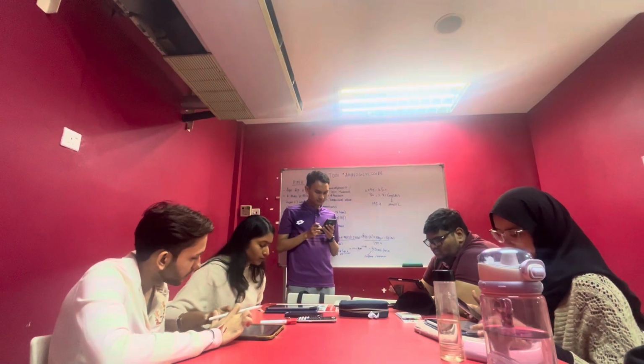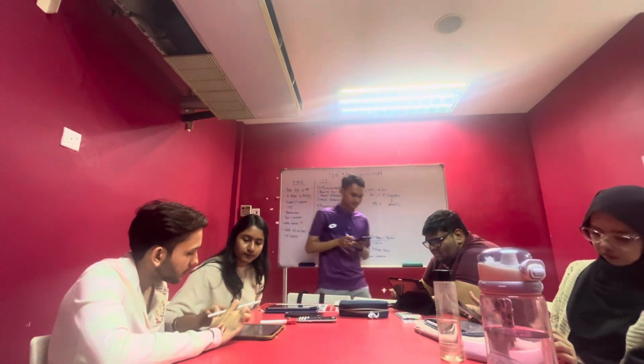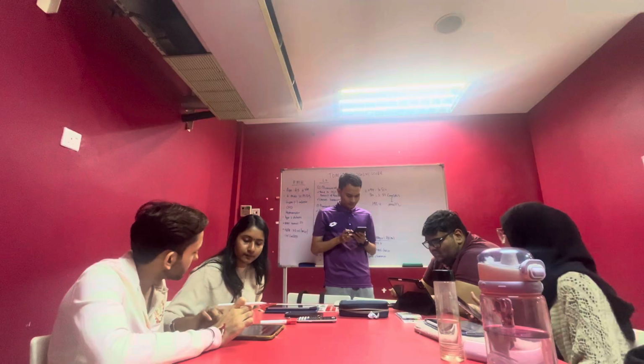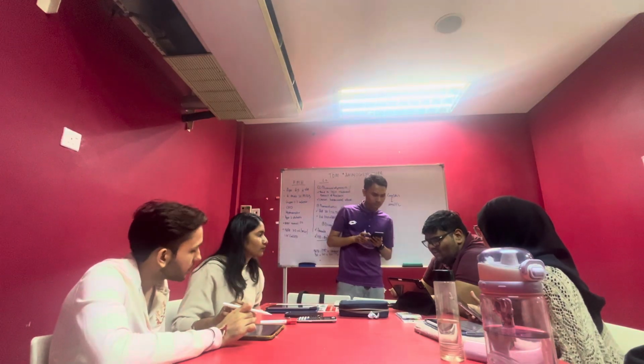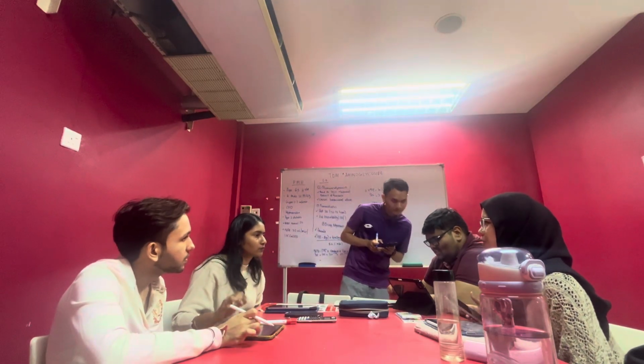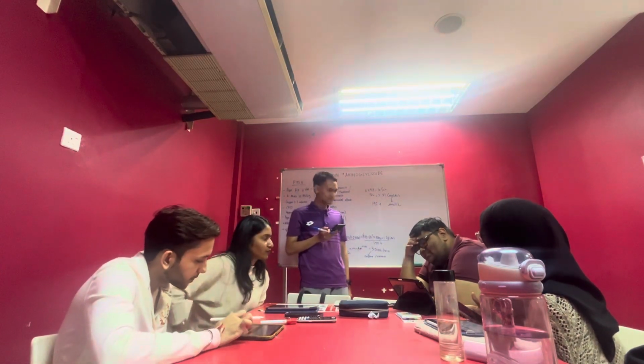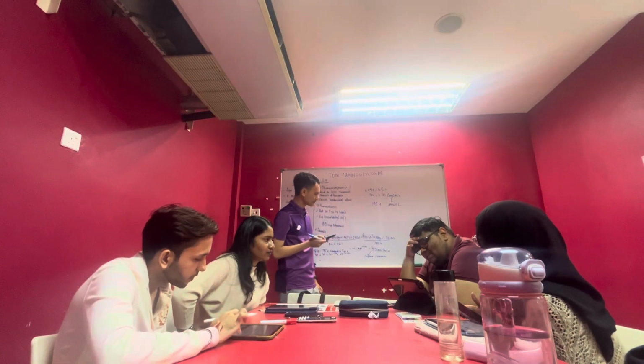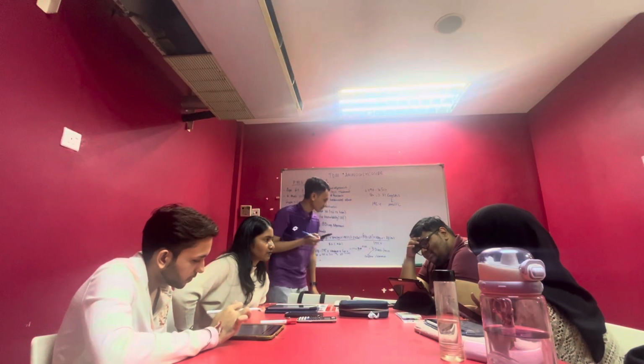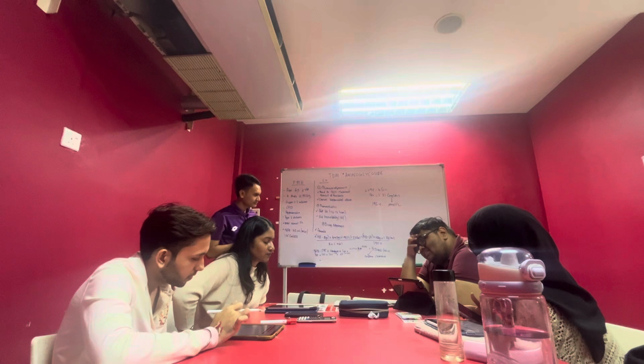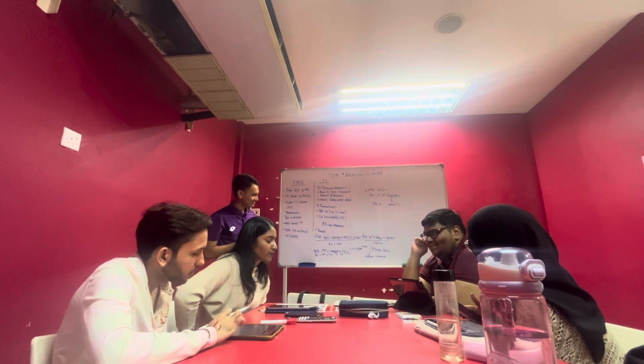Why do we need to find the volume of distribution? Okay, because we have to find the initial dose and then we have to find the dosing interval. Initial dose and dosing interval.